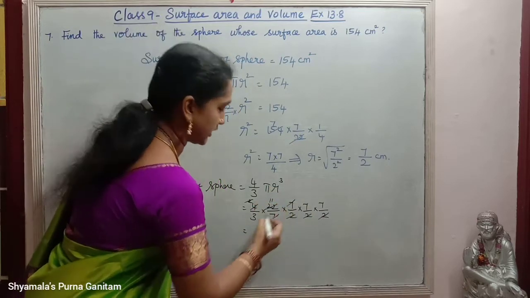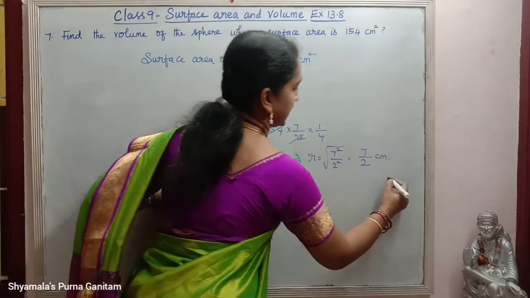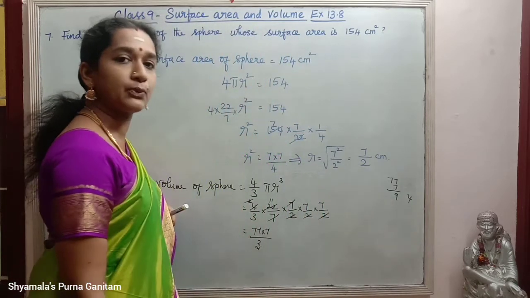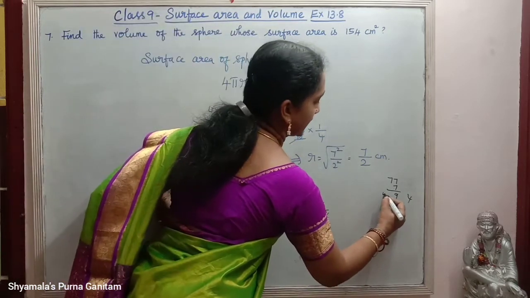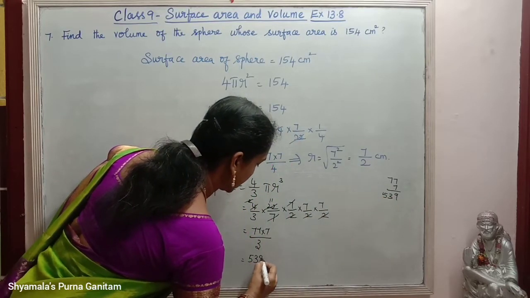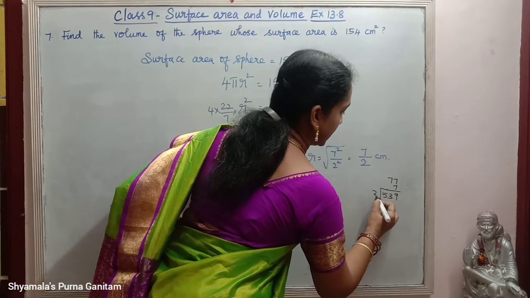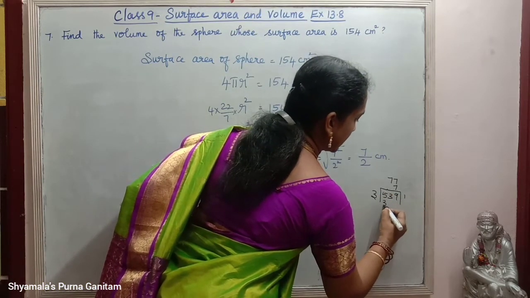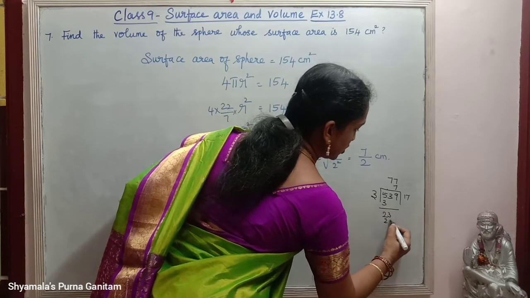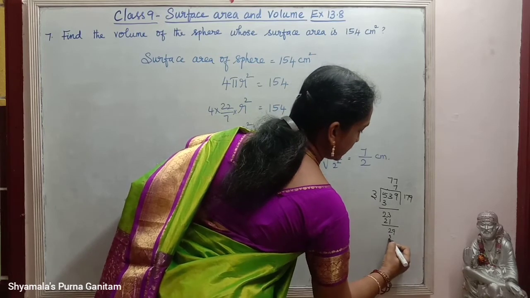So 11 into 7, 77 into 7 divided by 3. So 77 into 7 is, 7 7s are 49, 49 plus 4 is 53, 539 we will get. The numerator is 539 divided by 3. So 539 divided by 3: 3 1s are 3, 23 we will get, 3 7s are 21, 29, then 3 9s are 27.